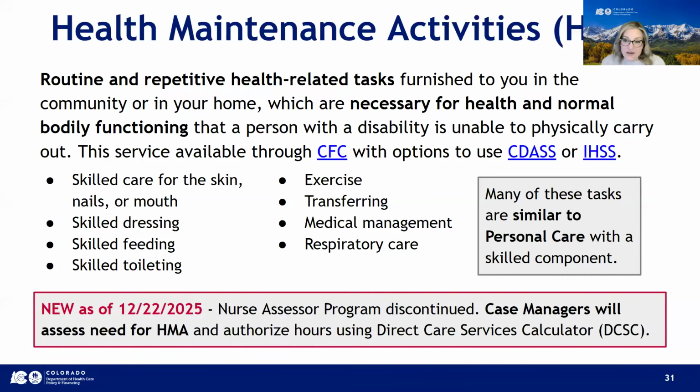Remember, as of December 22nd, case managers are using the task definitions tab within the direct care service calculator and the HMA documentation guide to support determining when a service is skilled and how to document and authorize it. That is because we have ended our nurse assessor program. Now you all are utilizing those resources to do your authorization.